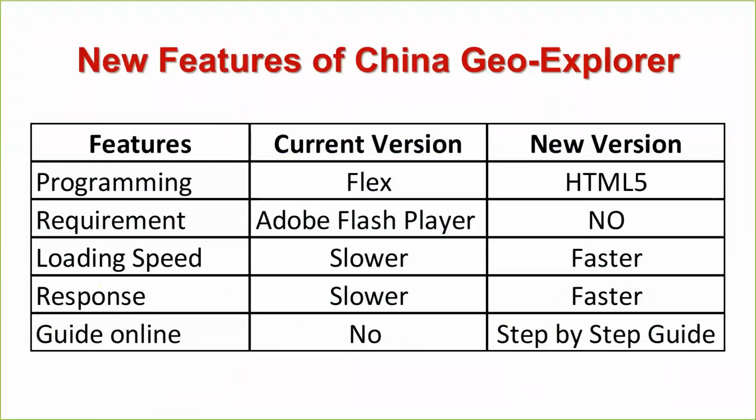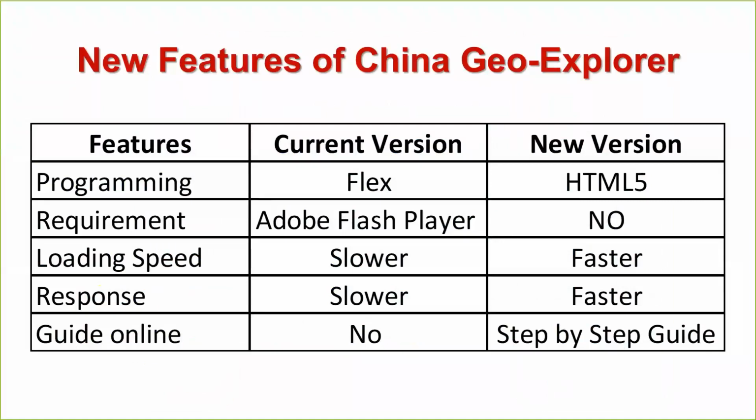That is the primary motivation for the new development of the China Explorer. With the new version, you can see some major differences between the current version and the new version. The user interface front end is in HTML5, not Flex. It will replace Flex. The current version usually requires you to install Adobe Flash Player.